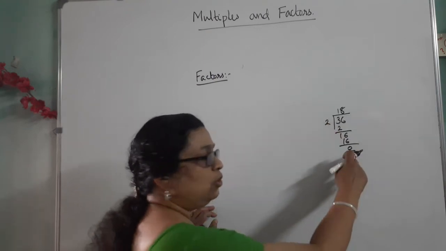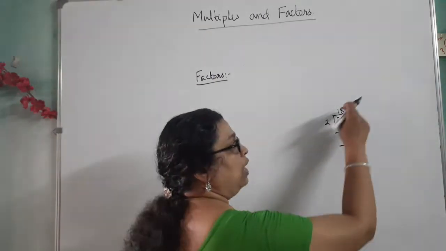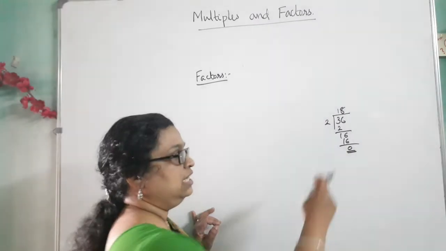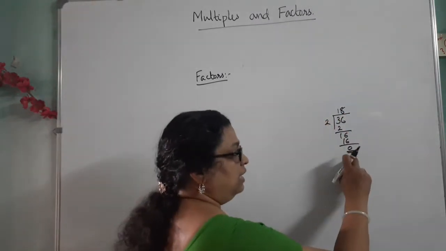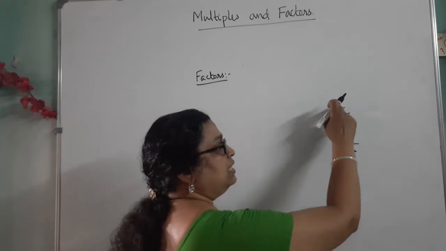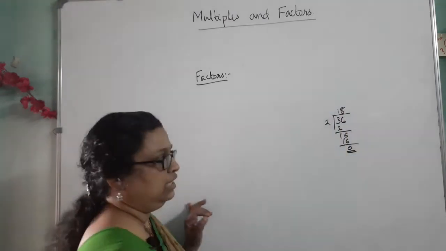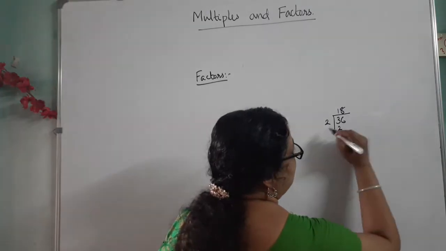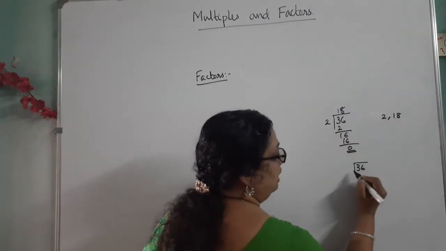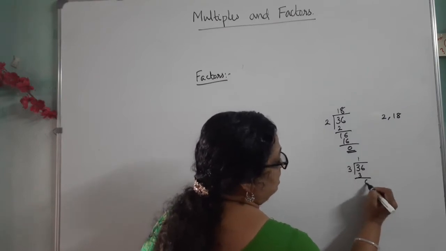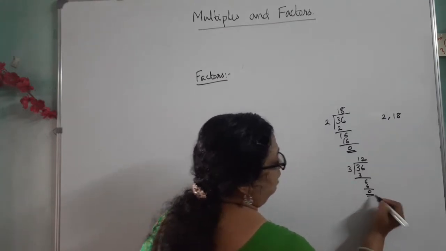When we get 0 as the remainder, these 2 and 18 are the factors. That is, a number divided by a number, the remainder is 0, then the divisor and quotient are its factors. So the factors of 36 are 2 and 18. Then 36 divided by 3, we get 12 and remainder 0.